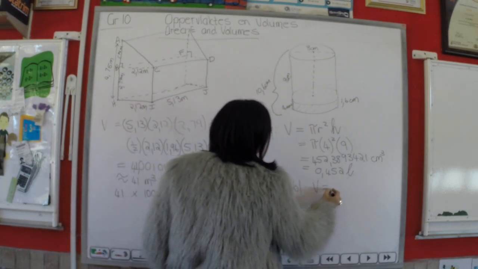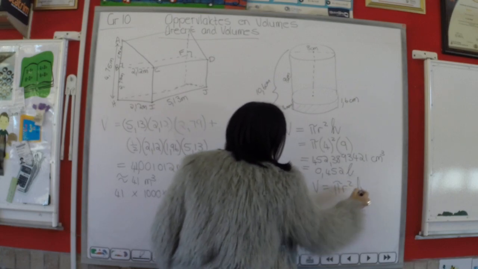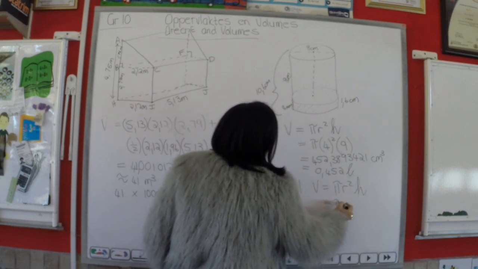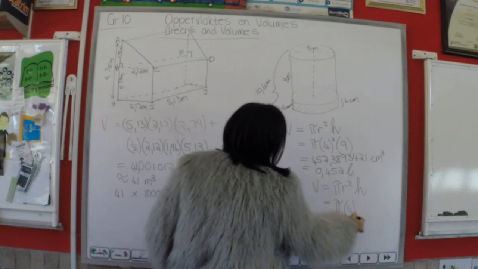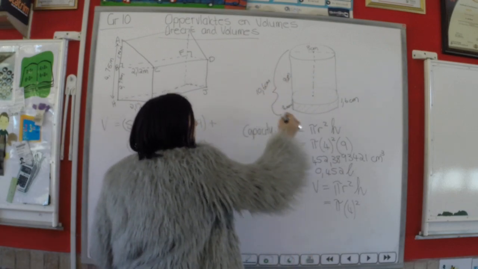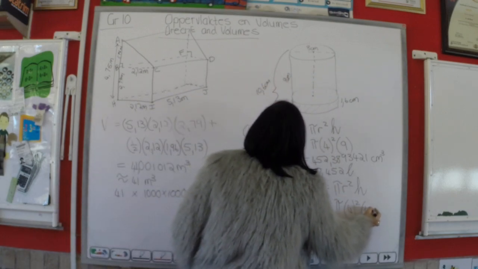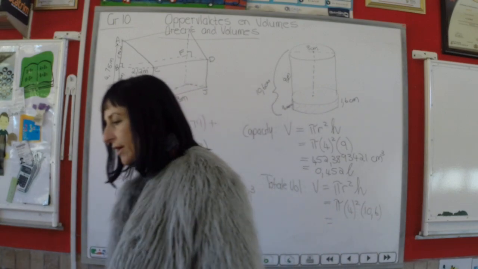It's going to be the same formula, but now I'm going to have P radius, which is 4, squared, and my perpendicular height is not going to be 9 anymore, but now it's going to be 10,6 centimeters. That's now the volume.